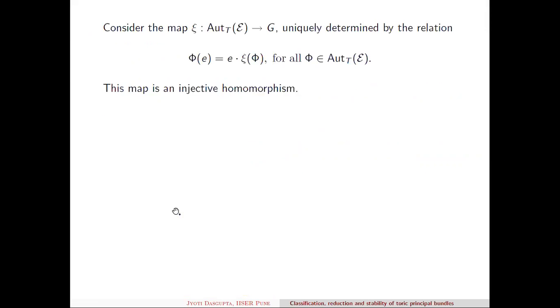So what we have shown is that if we consider this map from T equivariant automorphisms to G and send any element phi to xi phi, where xi phi is determined by this relation, then this gives us an injective homomorphism. So the image is a subgroup of G, and what is the image?